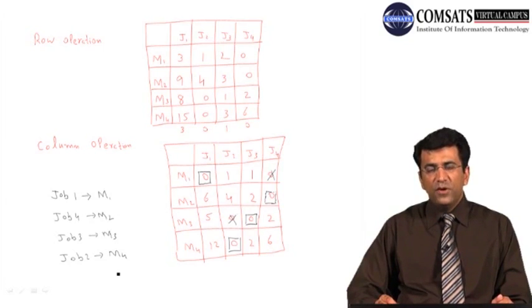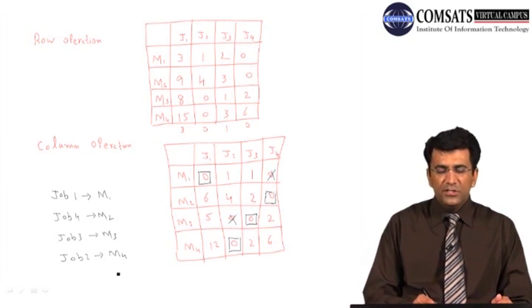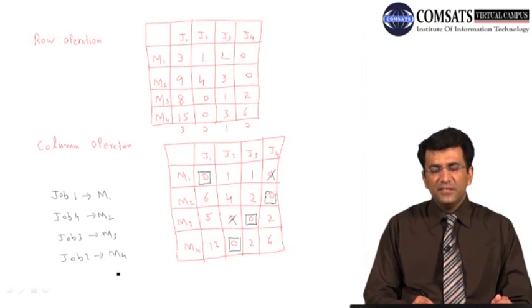So actually in this problem we were interested in maximizing our profit. To find out the maximum profit, students will again have to refer back to the original table. That is, we'll have to see what the profit margin was for assigning job 1 to machine 1.